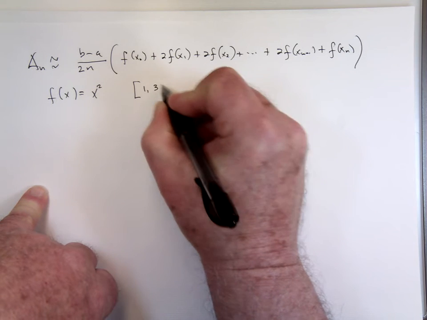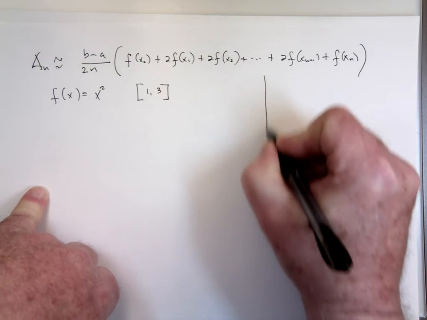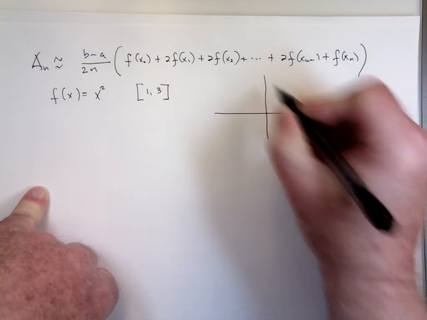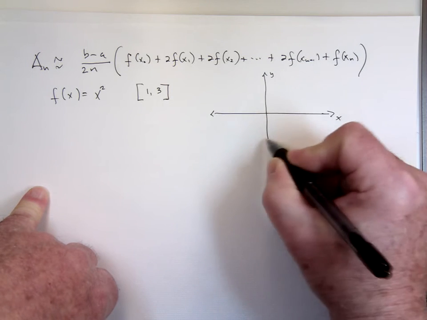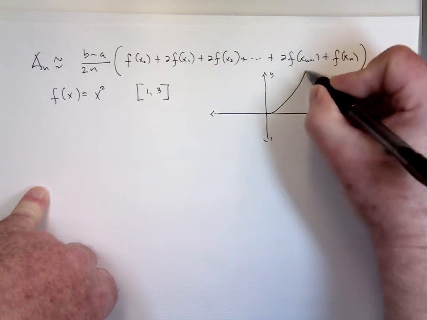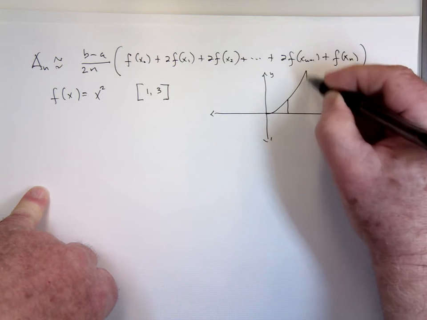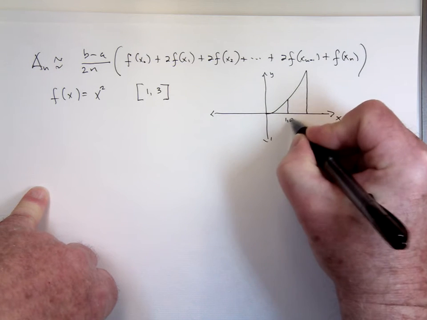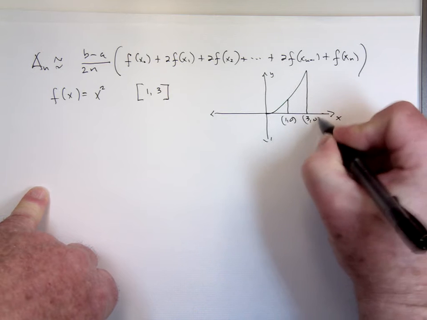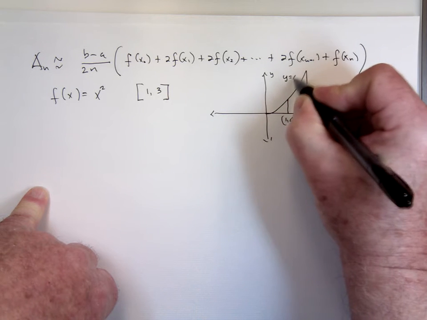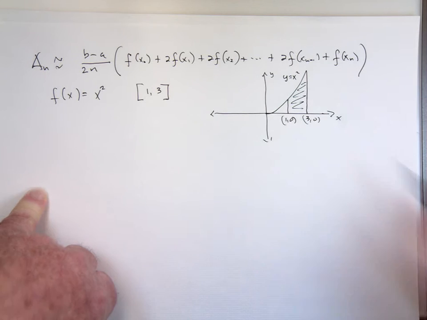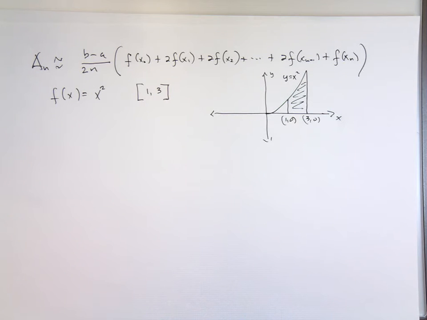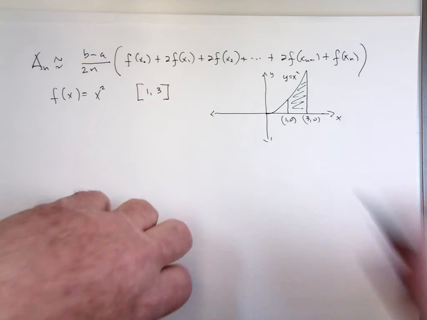So we want to do an approximation of the area under this graph, y equals x squared, from 1 to 3. And the more intervals we take, obviously, the better the approximation. Let's divide it up into 4 parts.